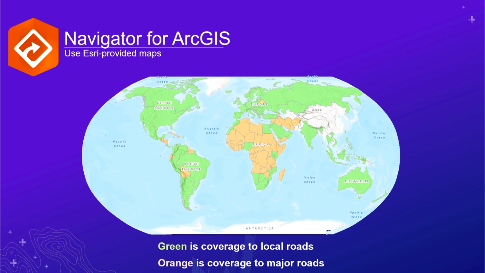So what this means in practice is for those areas in orange, you would be able to use our provided maps for high level and major route guidance. But if you want very detailed route guidance, you would probably have to augment our maps with some private road networks or some custom road networks to really take full advantage of the Navigator app in these areas.